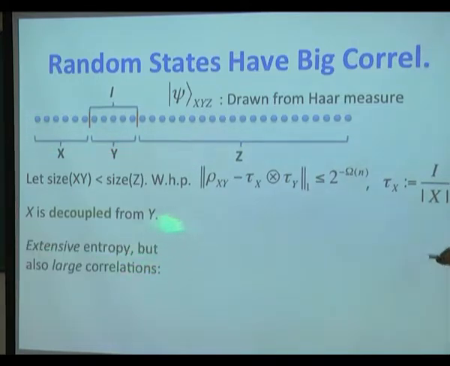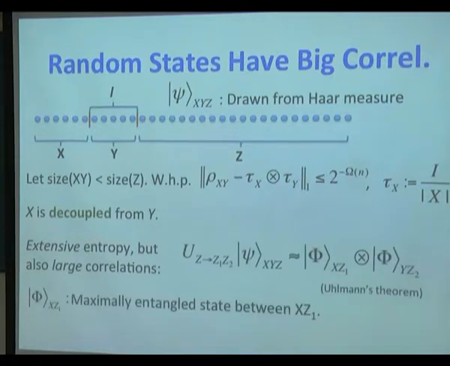So as we know, we have extensive entropy on x and y and on x itself. But actually this implies that we have a lot of correlations, right? This was one of the last things that we saw. Why? Because of Uhlmann's theorem. So we can consider again this trick of purification. We can purify x here just with z, some subsystem of z, and the same thing for y. But then, because x is maximally mixed, x must be maximally entangled with some part of z.